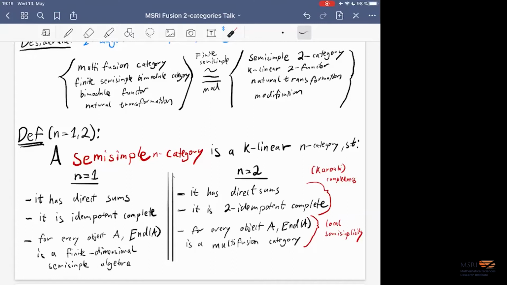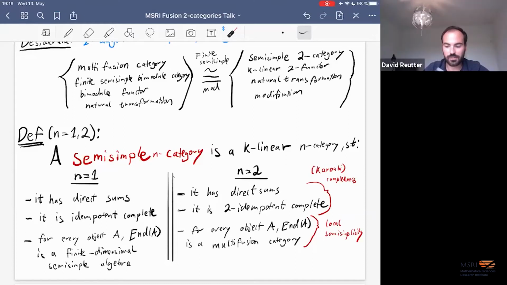David, could I ask a question? This is Kevin Walker. When you say direct sums, is that direct sums of both 0 and 1 morphisms? Yes, so you already have direct sums of 1 morphisms with that condition. There are some things that are hidden in that condition. One of them is that this implies that you automatically have direct sums of 1 morphisms, and it implies that you automatically have adjoints to 1 morphisms.